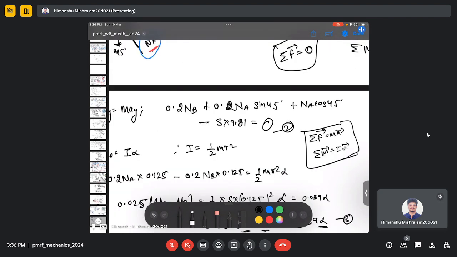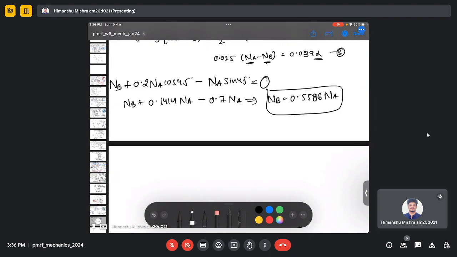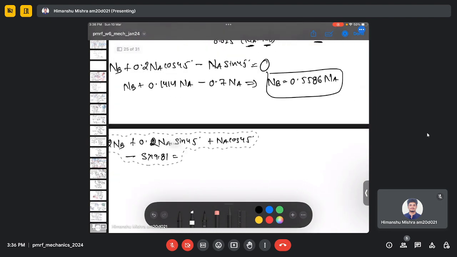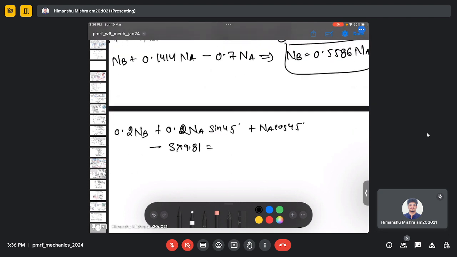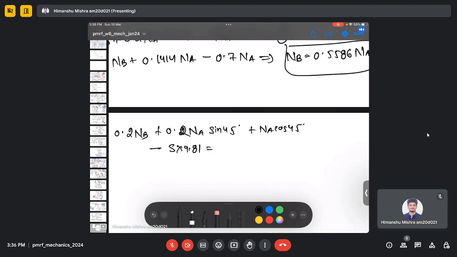Now we can write the equation 2. So we can directly put this relation, let's say it's equation 1b, into 2.